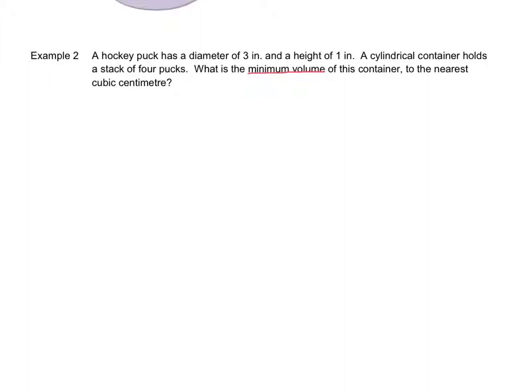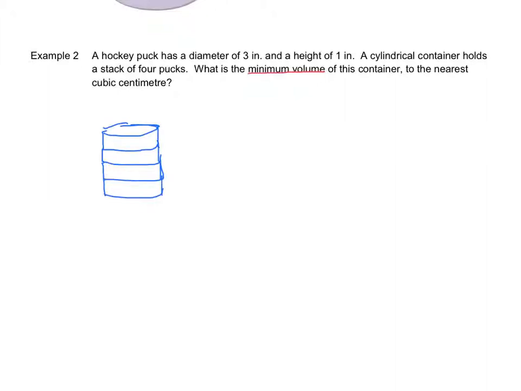All that really means is that in this container there would be no extra space. So try to picture a container that would hold 4 pucks exactly. Let's see if we can create a sketch with no extra space between the pucks and the container. That's what they mean by the minimum volume.